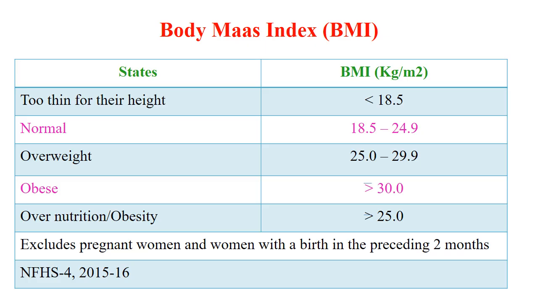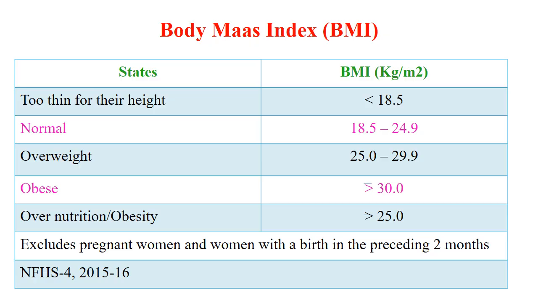There are different aspects we will not discuss here, but this is one of the indicators of obesity, that is body mass index. This is calculated by the weight in kg divided by the height in meter square. So kg divided by meter square of the height, and it is normal at a range of around 25. Up to 25 it is normal, and 18 and below it is considered very thin. 18 and above and up to 25 it is normal.